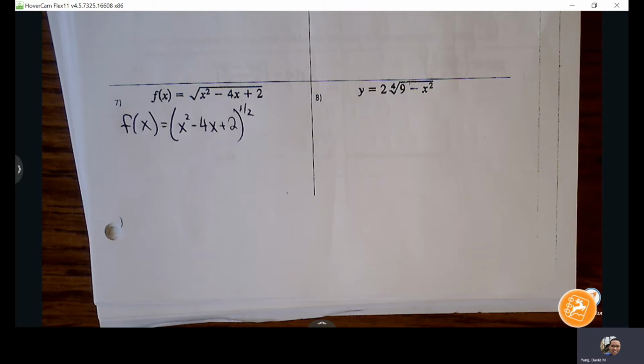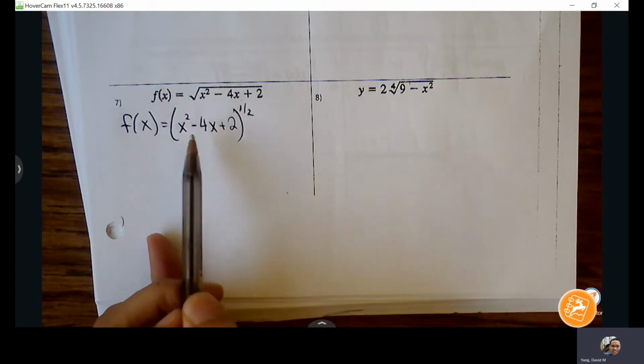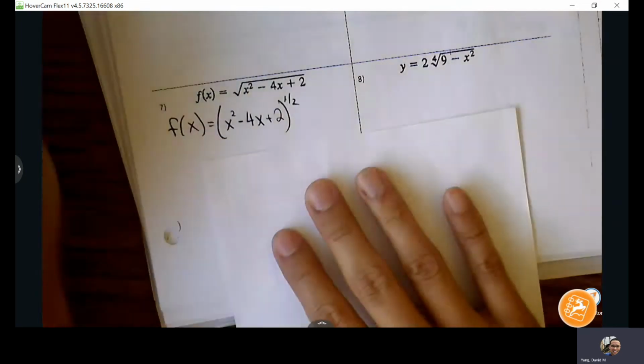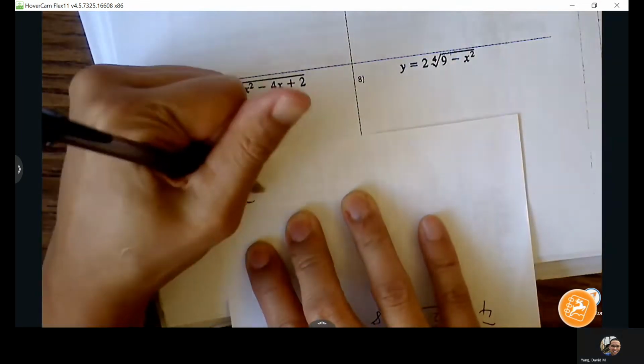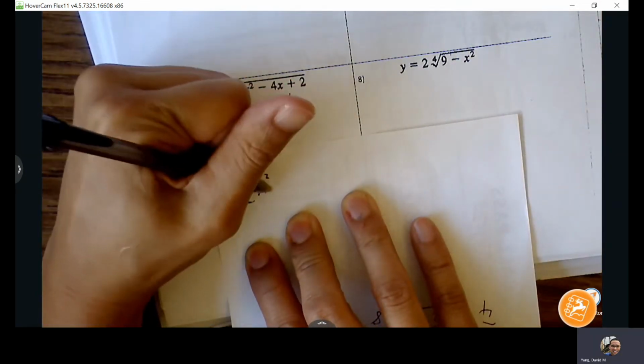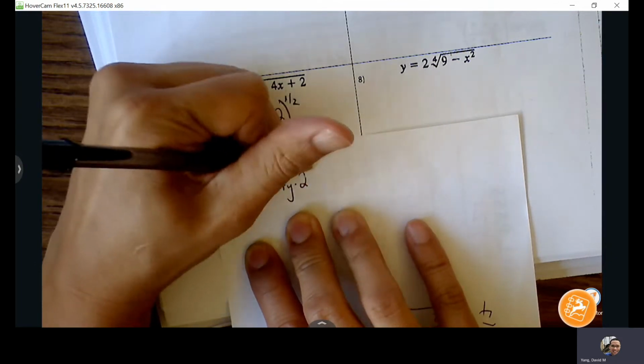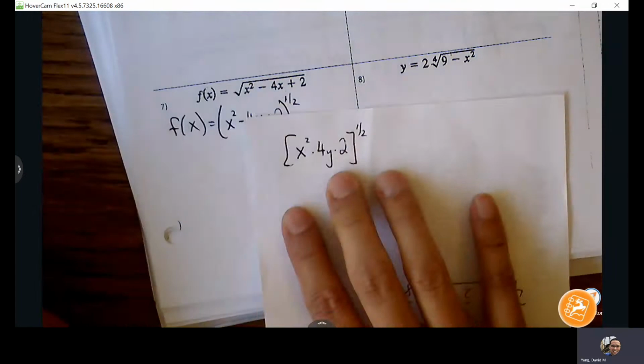So yes? Why couldn't you just distribute the 1/2? We can't distribute the 1/2 because then we're breaking rules, okay? Because of the plus and minus. So let me tell you what you could do if the problem was x squared times 4y times 2. This is fair game.